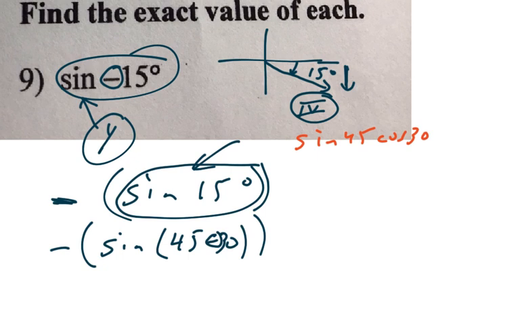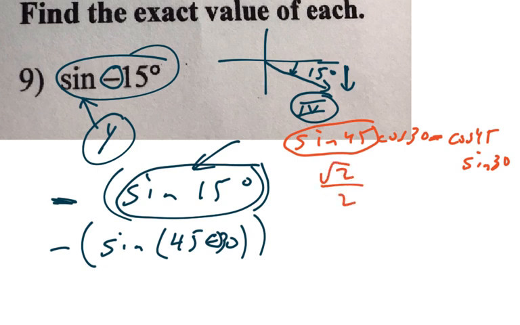This is sine, so it's going to be minus cosine of the first angle times the sine of the second angle. Hopefully my work is legible there. But the sine of 45 is, of course, square root 2 over 2. The cosine of 30 is square root 3 over 2. And again, you're going to do this either with the unit circle or, as I've shown you many times, crunching it out on the calculator.